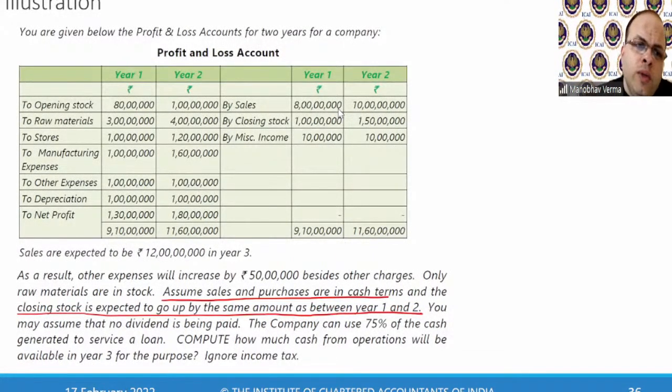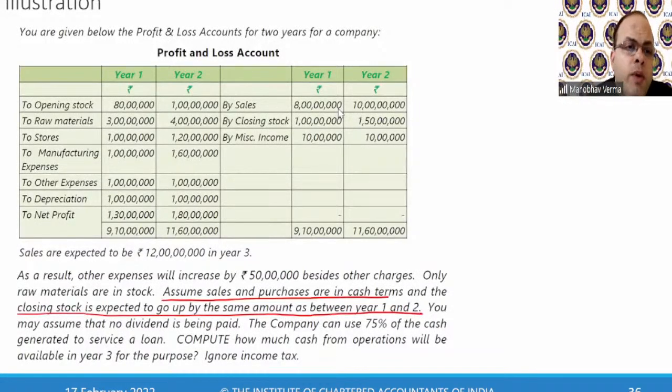And how do we do that? Any thoughts? We could do a calculation of cost of sales or cost of goods sold, maybe, because they are saying that the stock has to go up by the same amount between year 1 and 2.